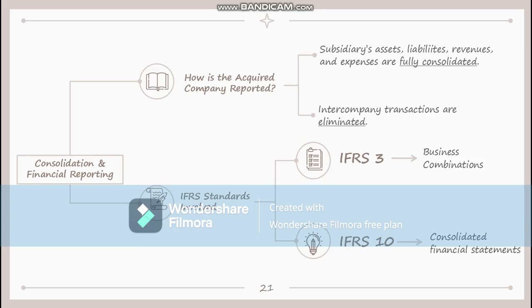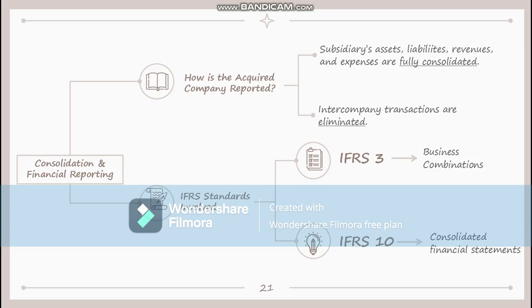If the value has dropped, it needs to be adjusted in the financial records. Proper consolidation is crucial because it ensures financial statements accurately reflect the financial health of the entire group of companies, providing a clear and honest view for investors, regulators, and other stakeholders. This accuracy in reporting helps maintain trust and supports informed decision making.